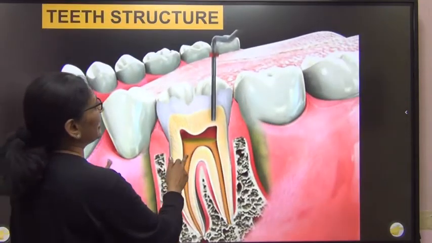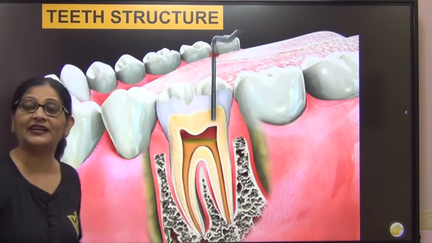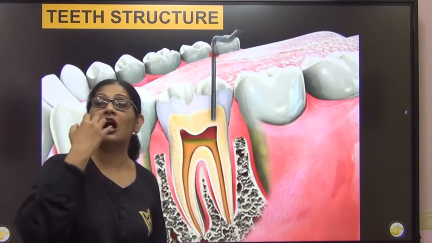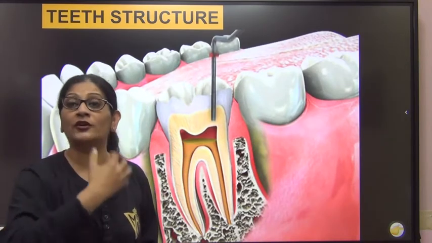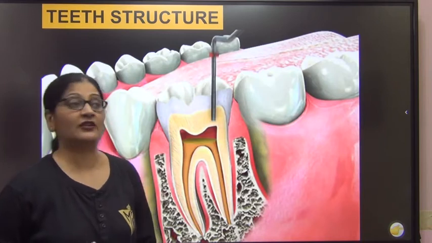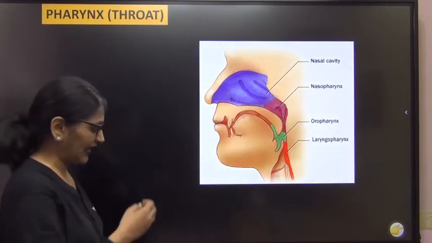So these diagrams I have shared with you just to create an interest in how your teeth look, how your tongue looks, and how important your mouth is with reference to your process of digestion.